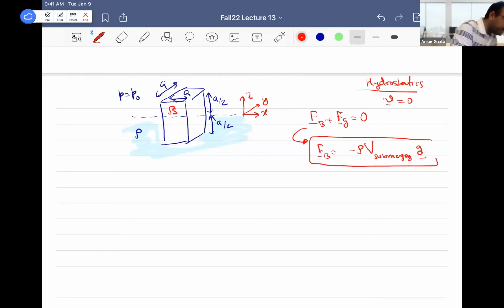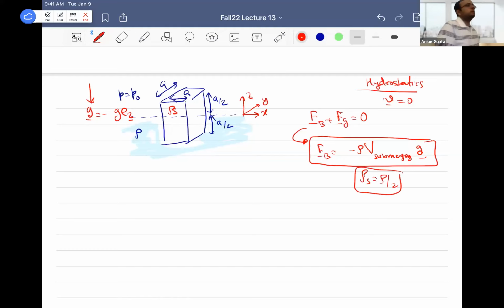It acts opposite to the gravity force, and gravity was acting in the minus e_z direction, so the buoyancy force acts in the positive e_z direction: rho V submerged times g, where rho is the density of the liquid. So the weight of the liquid displaced by the solid is the buoyancy force, or Archimedes principle. If you balance it with the gravity force, we got that rho s is equal to rho by 2.